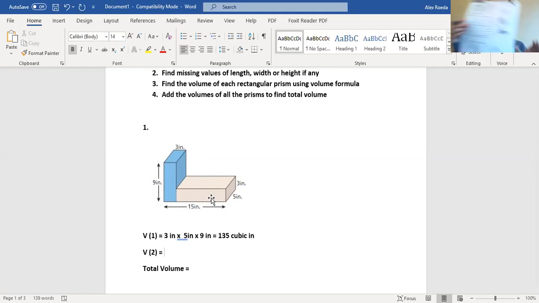If you guys want to actually cross that out on your workbook page and make it 12 inches, you can. So my length is 12 inches, so I can fill that in. 12 inches times, well, my width is going to be 5 inches. And finally, my height, which I see here, is 3 inches.